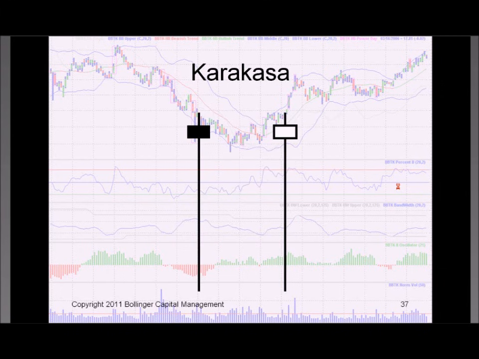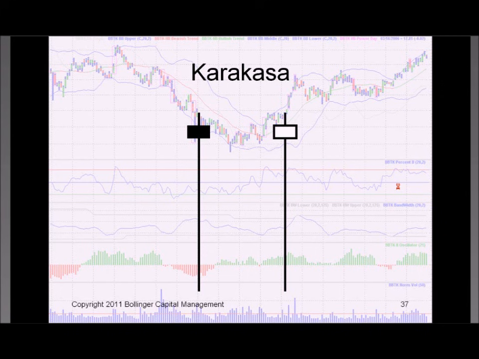So this is what a Karakasa pattern looks like. It has a long lower whisker, shadow, tail, what have you, and a very short upper shadow, with a very small but not non-existent real body. So this is not a doji.